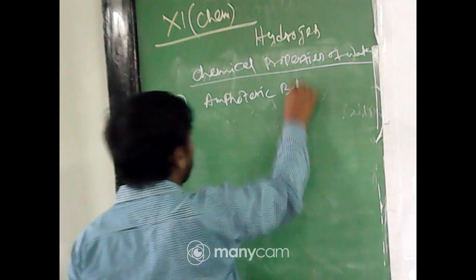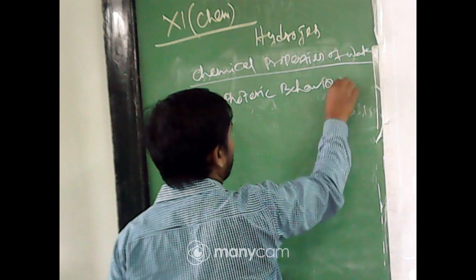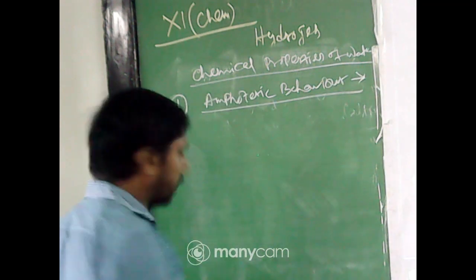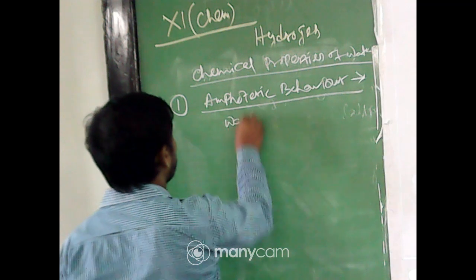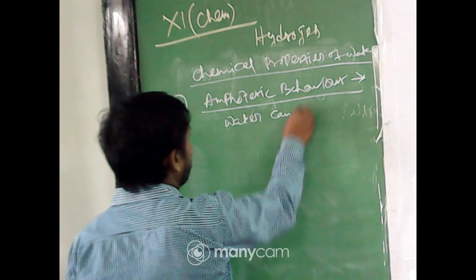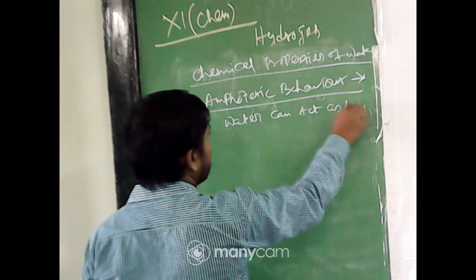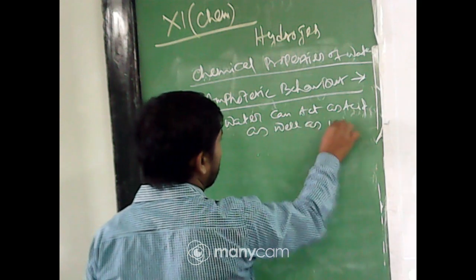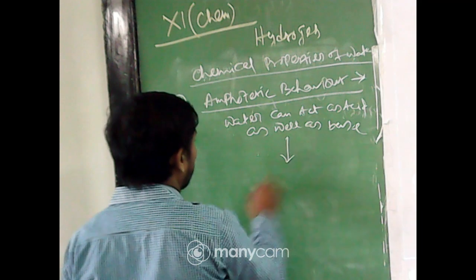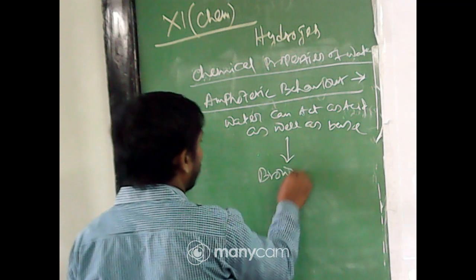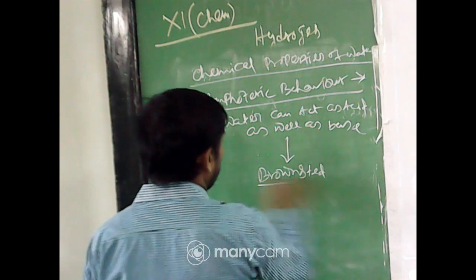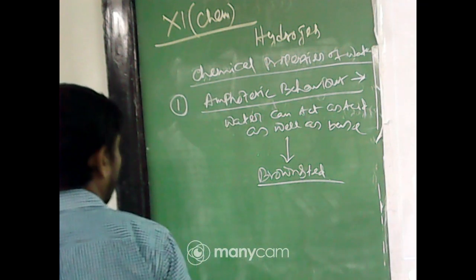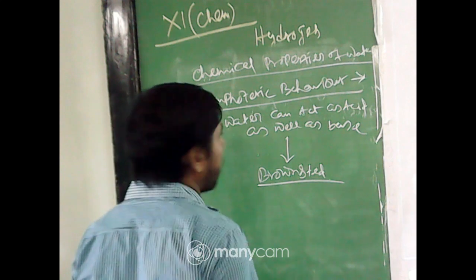Amphoteric behavior means that at the same time water can act as an acid as well as a base. It is according to the concept of Bronsted-Lowry, and from this water is amphoteric in nature.